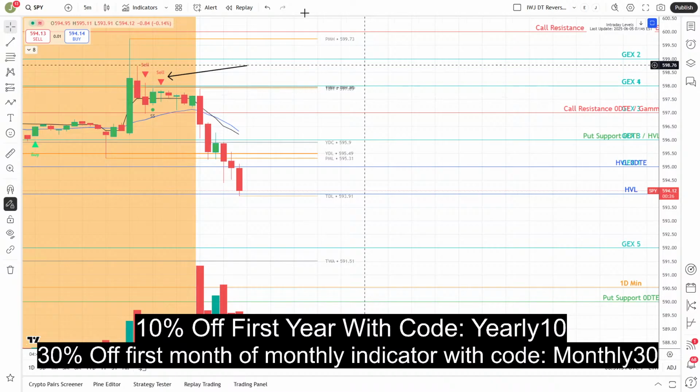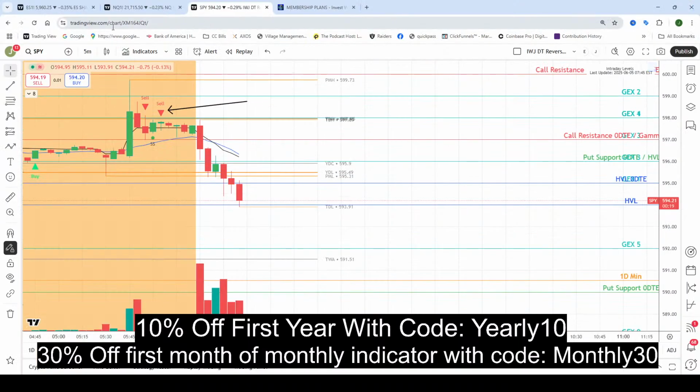Now, I do believe, let me look at the SPY on a different chart here without after hours on.